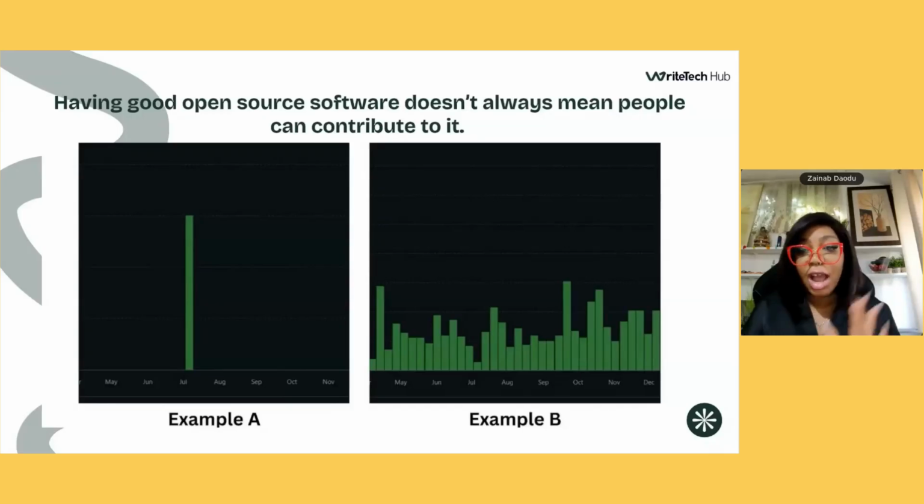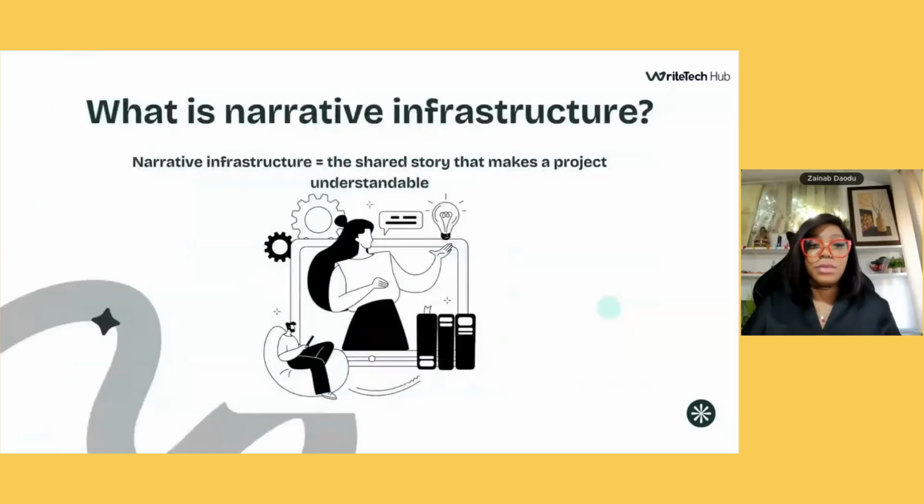Both projects have good code. The difference is often whether contributors understand the project well enough to participate, and that understanding usually comes from the story the project tells about itself and how it makes it visible and accessible to people who want to contribute to the community.